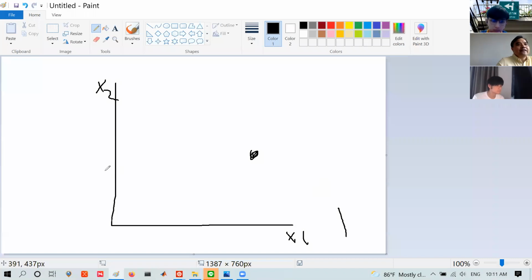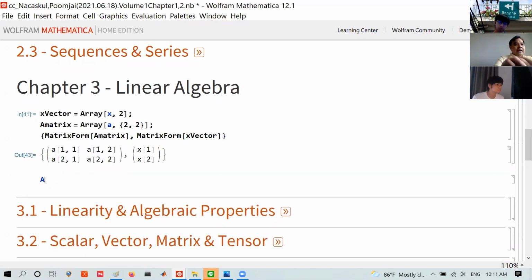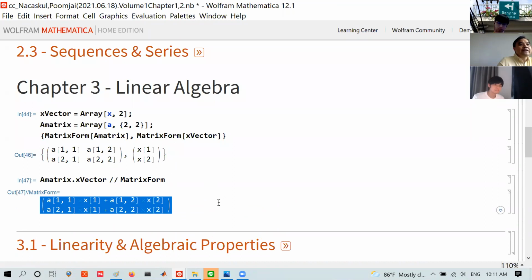Because you're staying in the same dimension, the vector of 2 dimensions lives in 2-dimensional space, and when you multiply it by the matrix, AX, you end up with something that lives in 2 dimensions.